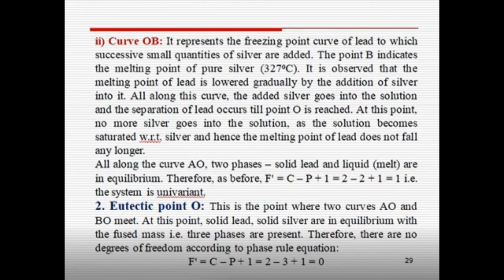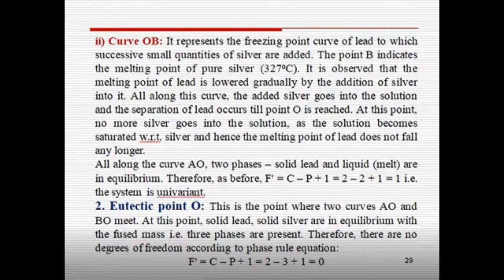All along this curve, two phases are in equilibrium, that is solid lead and liquid melt. Therefore, as before, we have F dash is equal to 1, that is the system is univariant.